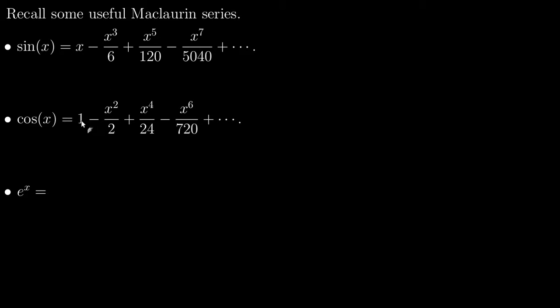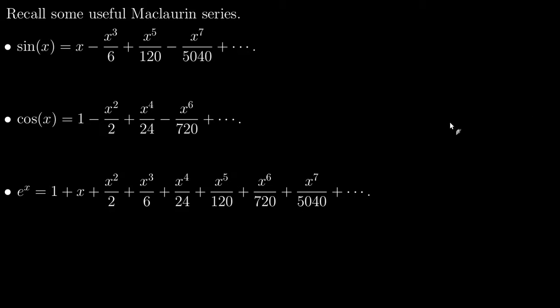Cosine is going to be 1 minus x squared over 2 plus x to the 4th over 24 minus x to the 6th over 720, and so forth. And e to the x is going to be 1 plus x plus x squared over 2 plus x cubed over 6, and so forth.